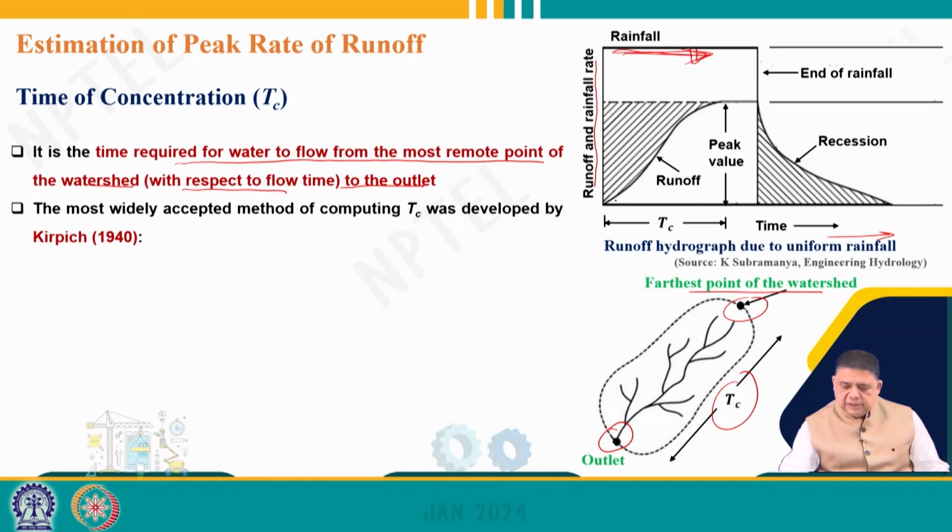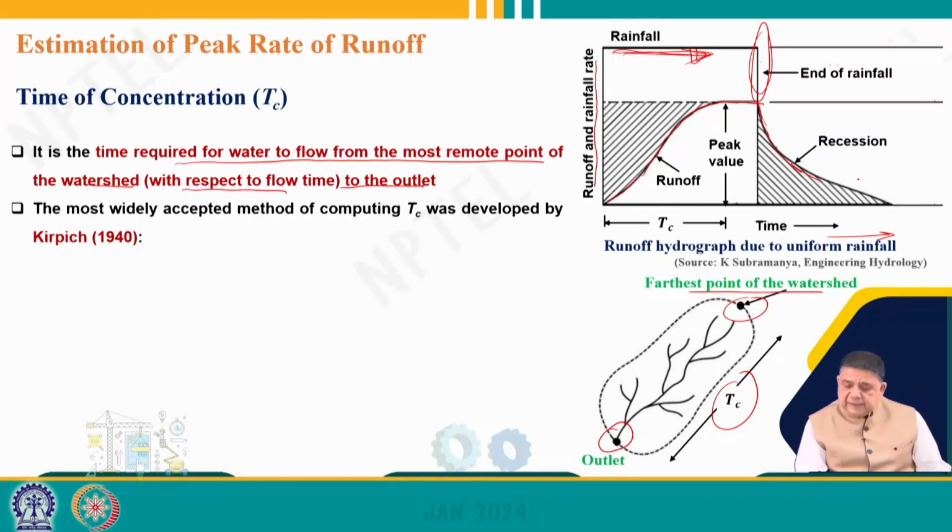So, gradually with time runoff keeps on increasing, and then it peaks, and it will continue at that peak rate as long as rainfall is continuous. Now, at this point rainfall ends, and that is why you see that there is a recession in the runoff, that is, it is decreasing beyond that point.